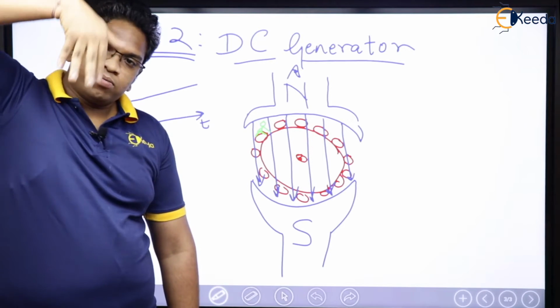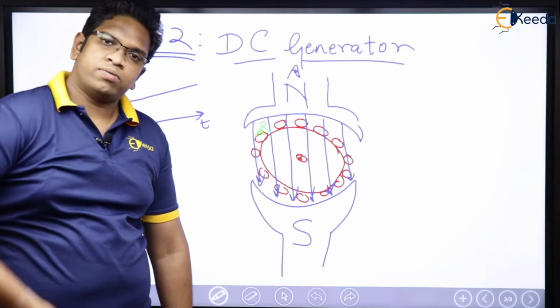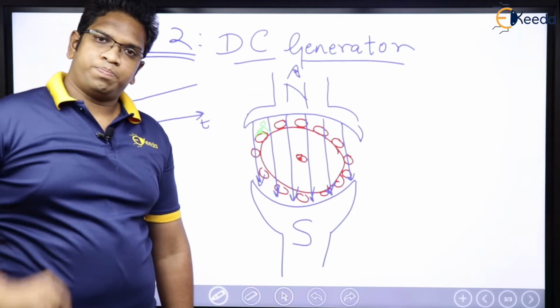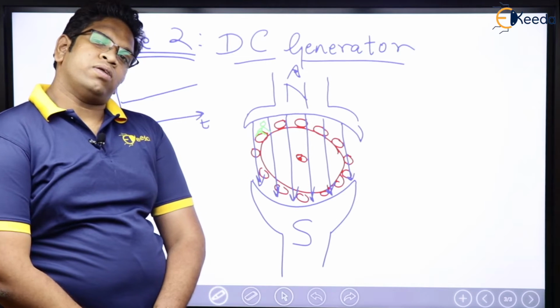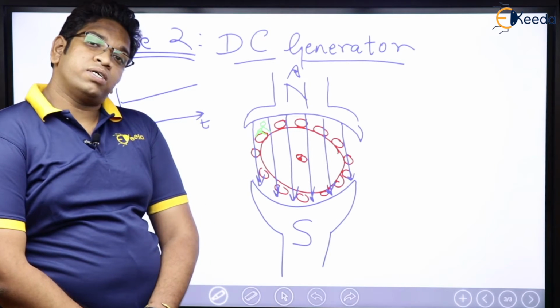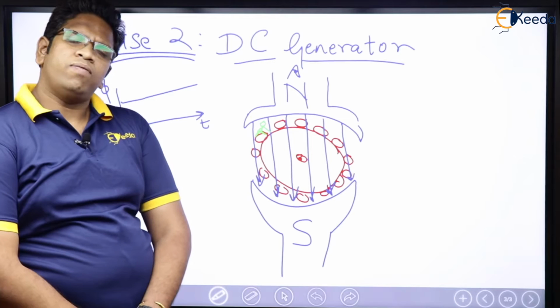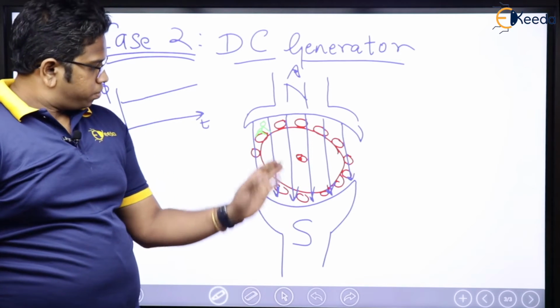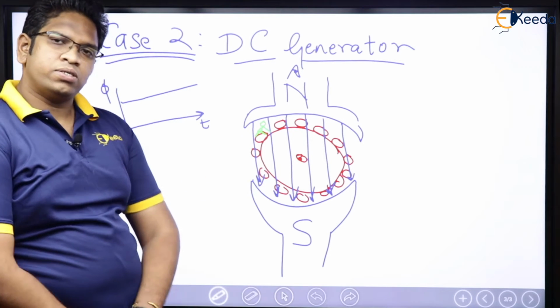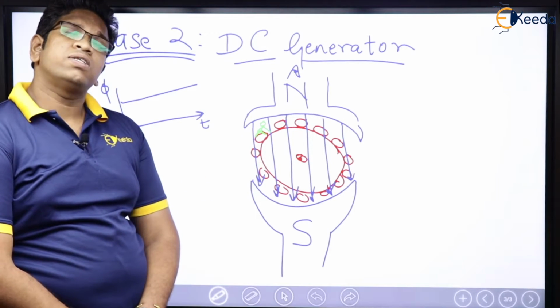Flux lines are coming through me like this. I am just sitting here doing time pass. Is there any variation? No. I will not observe any variation at all, because I am just sitting there below the north pole.